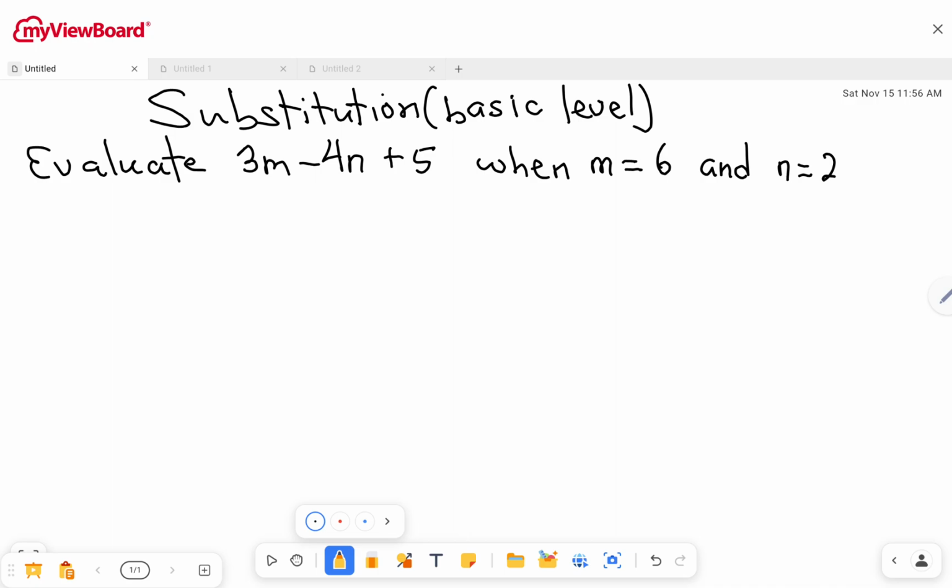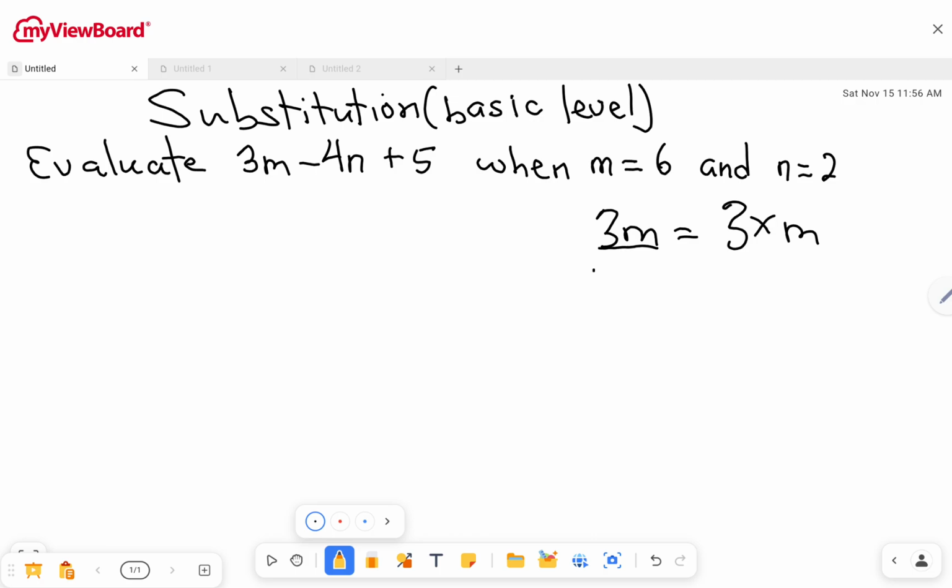And before I move on, I would like to explain that if you have 3m, as you are seeing in the question, 3m is the same thing as 3 times m. So if you see a number and a variable attached to each other like this, basically it means they are multiplying.